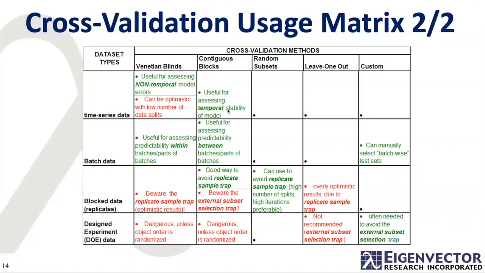Let's see what else. Batch data. Venetian blinds is useful for assessing predictability within batches, whereas contiguous is useful for assessing predictability between batches.